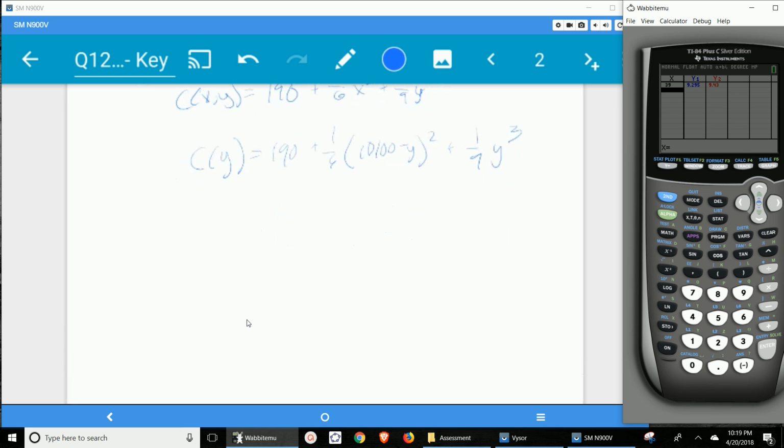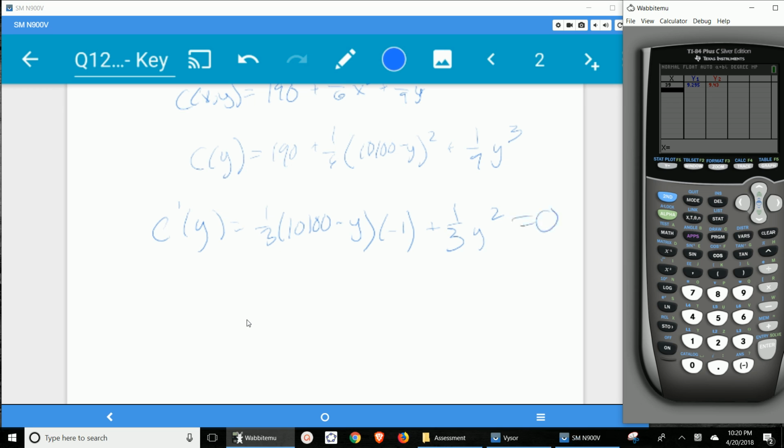Now you just do calc 1 minimization. Square comes down, becomes 1/3. And then you would multiply by -1 because of the derivative of the inside. This becomes 1/3 y squared. Set the derivative to 0. Distribute the -1.